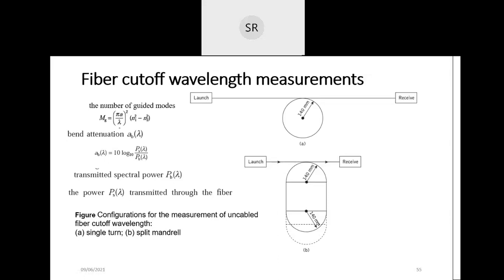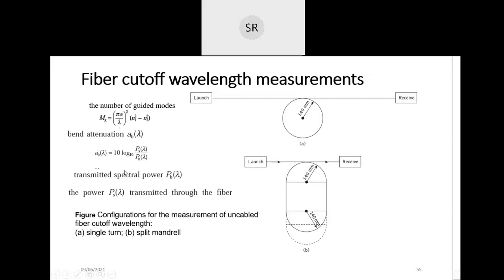The fundamental transmitted power is generally a smaller transmitted spectral power, transmitted when we have the LP11 mode, that is called PB of lambda. That is the transmitted spectral power when the fiber is operating at the LP11 mode.